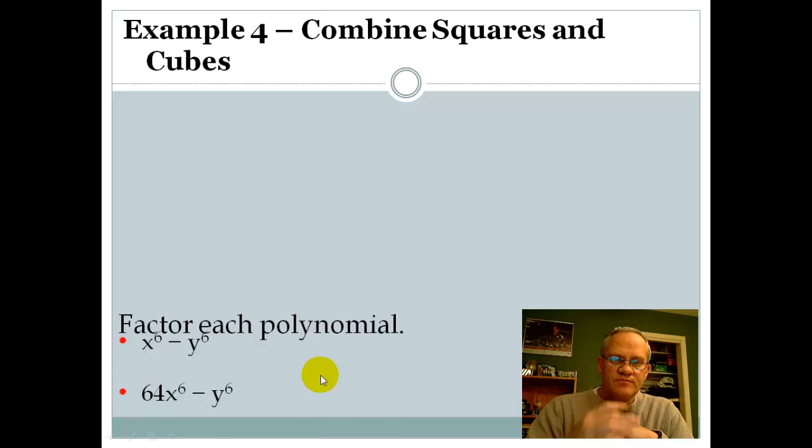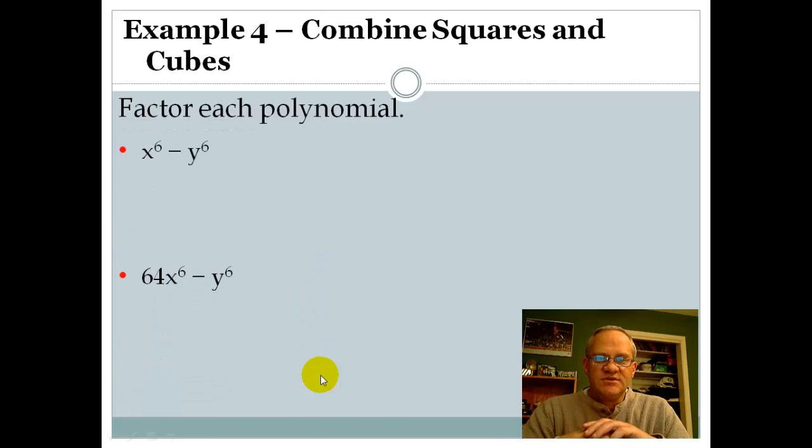All right, moving on. Sometimes you might have to do a couple of things. Whenever you have, say for example like this, y to the 6th or x to the 6th, it could be squares or cubes. And so always do squares first, okay?